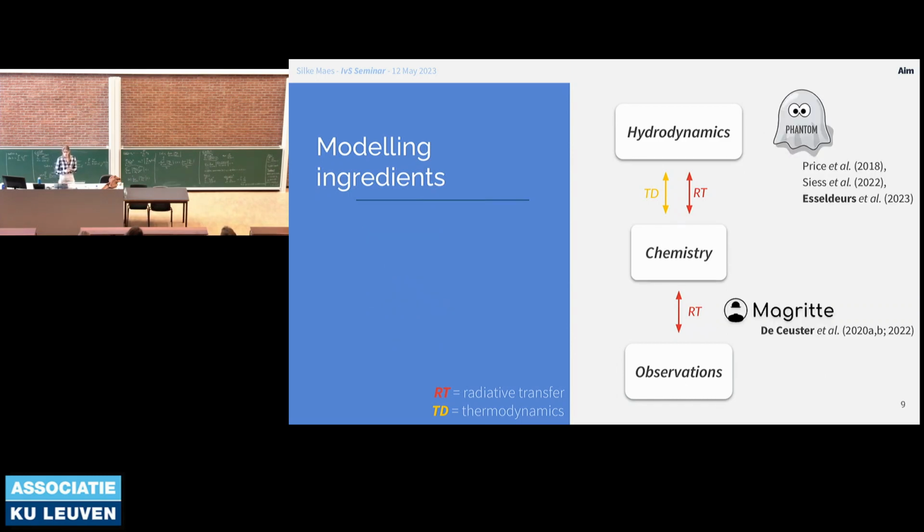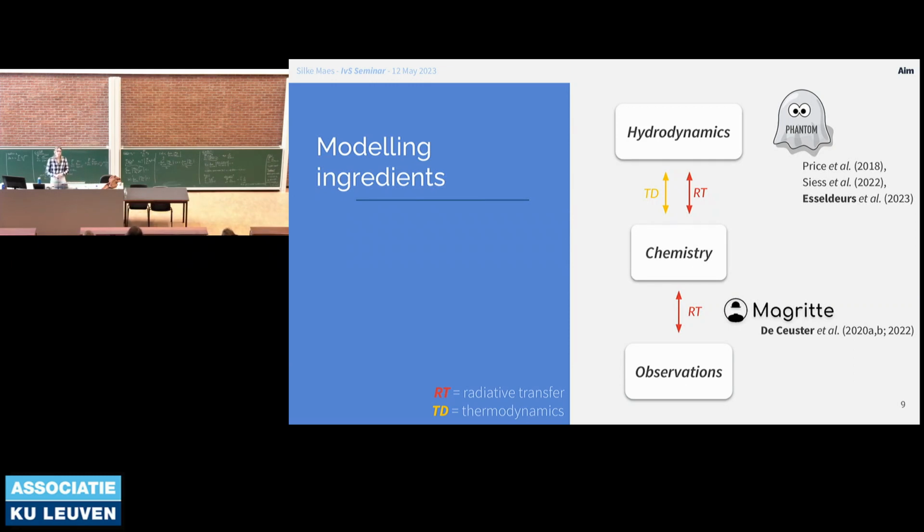So what are we doing currently? First of all, for the hydrodynamics, we're using the SPH hydro code Phantom. In this code, for example, Lionel Siess at ULB has implemented the wind physics, and recently Mats added a ray tracer to this. So we already have some notion of radiation in there, so the wind launching mechanism is already improving very much.